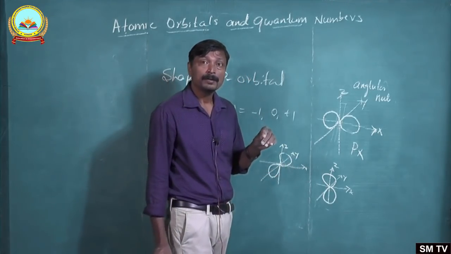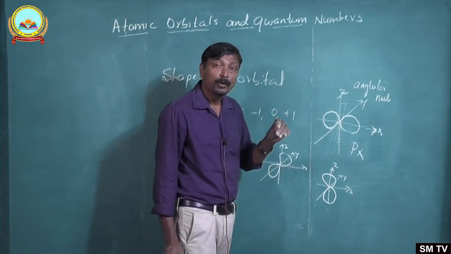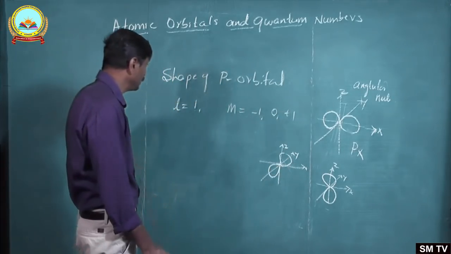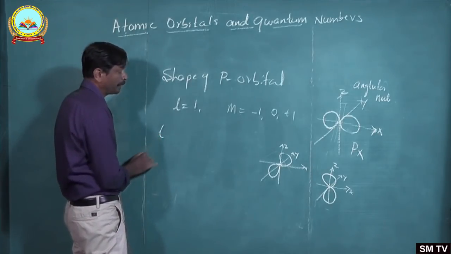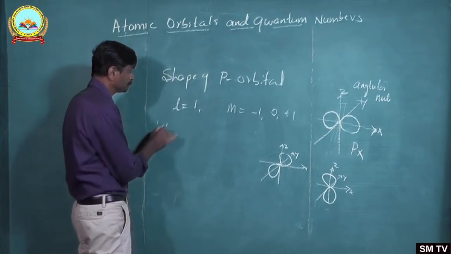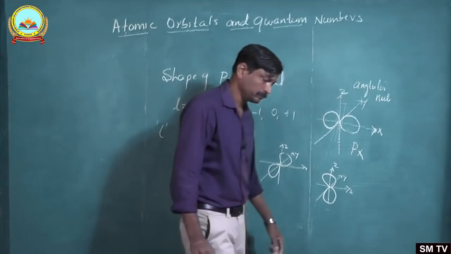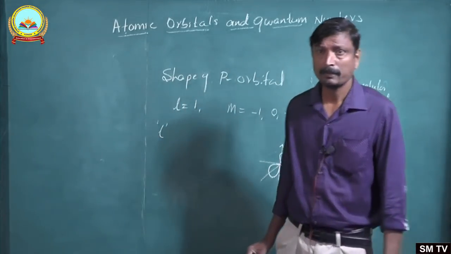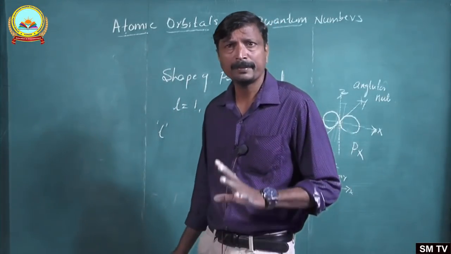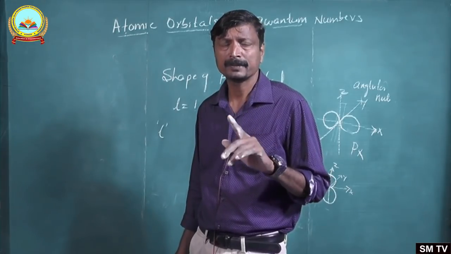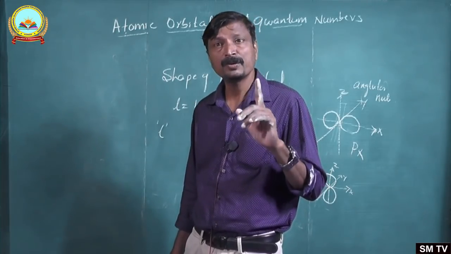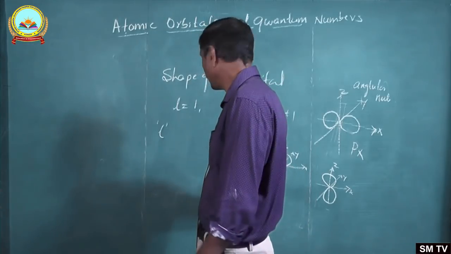These are called angular nodes. The number of angular nodes is equal to l. For an s orbital, l is equal to 0, so there are no angular nodes. For a p orbital, l is equal to 1, so there is one angular node.